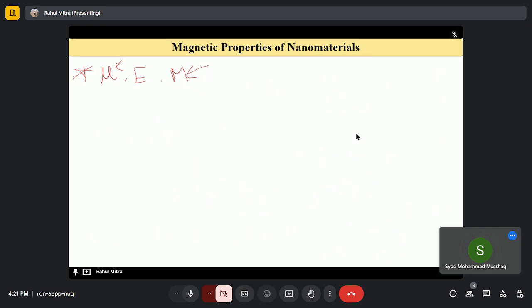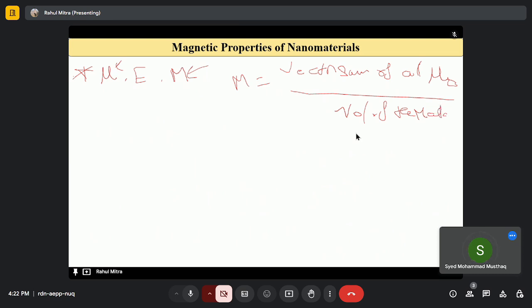So to write it more classically, we can write it as a quantity which corresponds to the bulk material, not the intrinsic property, and it equals the vector sum of all magnetic moments divided by the volume of the material.